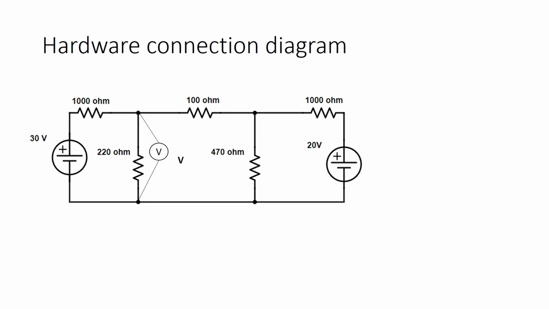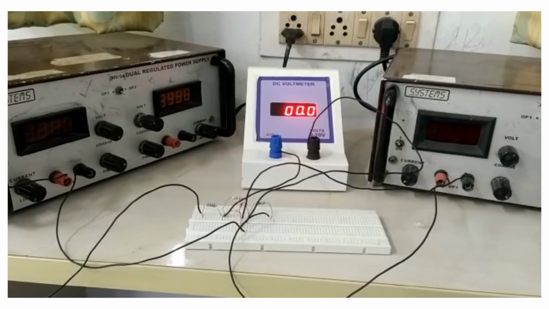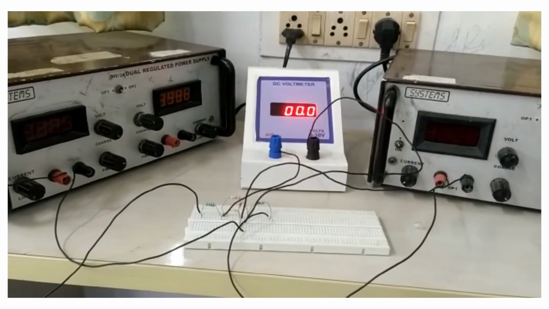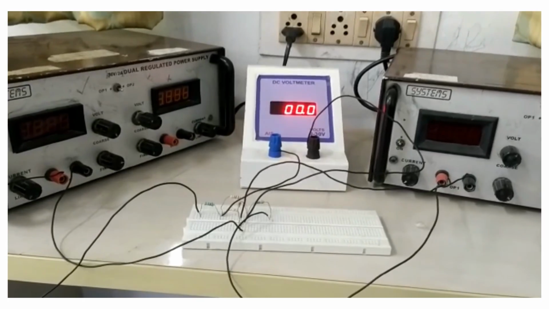Here is the connection diagram in order to verify the superposition theorem, whether the sum of the voltages by keeping the individual sources and finding the voltages and adding up will give the same voltage as keeping both supplies together in the given circuit. This is the hardware setup where both supplies are connected to the circuit.